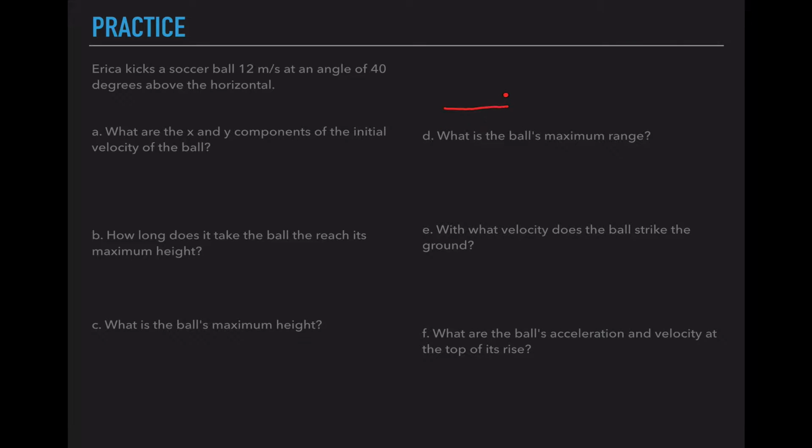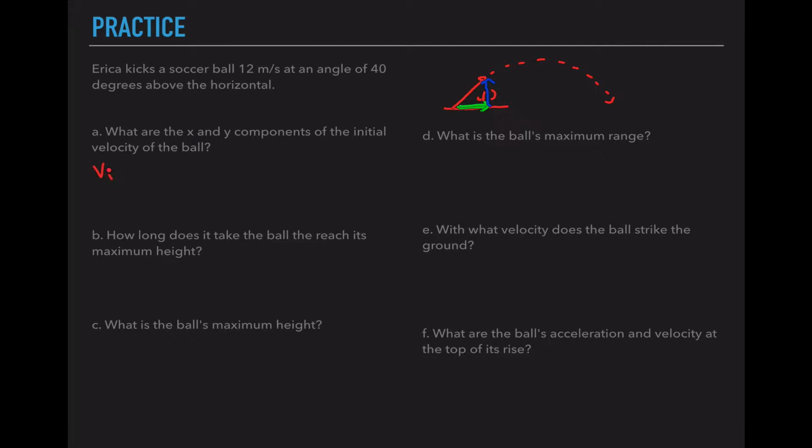If this is our horizontal, an angle of 40 degrees, and that's the path of our projectile. Again, I want this green line, and I want this blue line. So for the math problem for part A, what are the x and the y components?